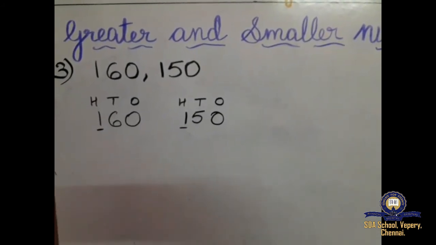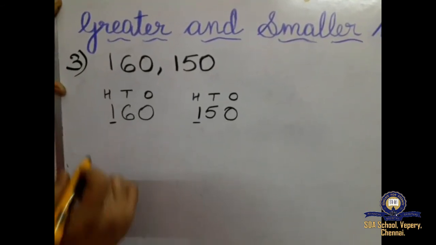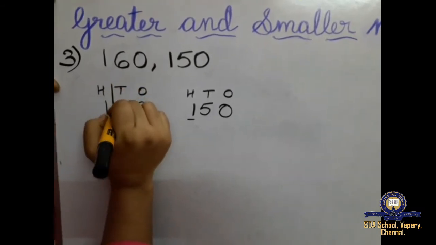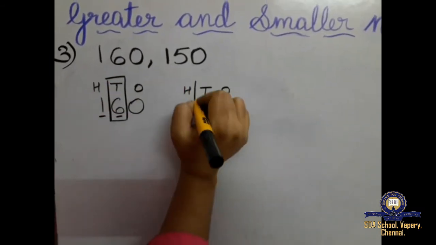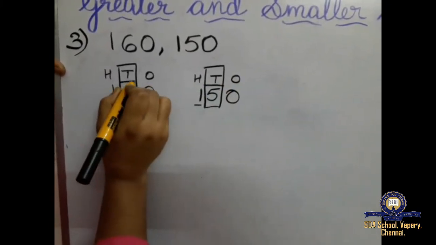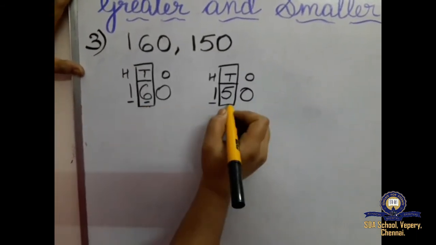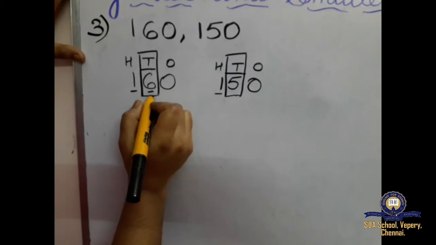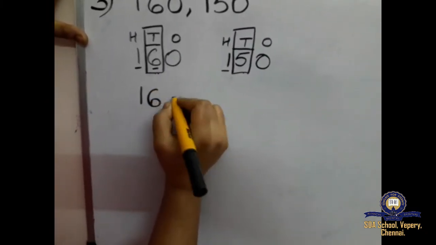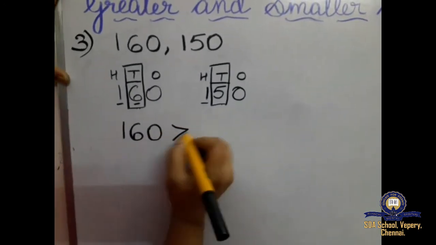Now how can we identify the greater number and the smaller number? Immediately we can go to the tens place. Here in the tens place we have 6 and here it is 5. Is 6 greater or 5 greater? Obviously 6 is greater. So 160 is greater than 150.